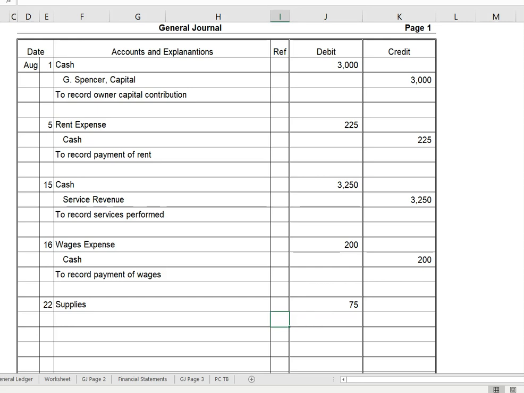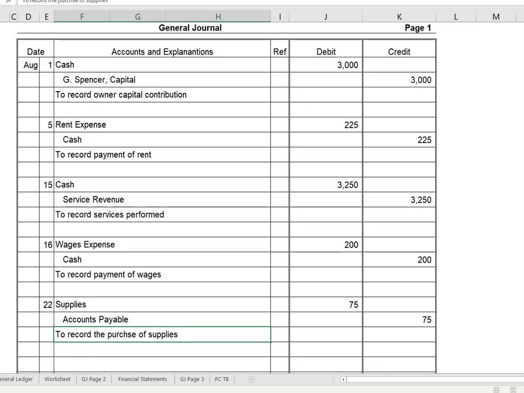So we purchased $75 of supplies, put them in our storeroom, and we're going to pay for it next month, so that's accounts payable. And that's $75. To record the purchase of supplies.